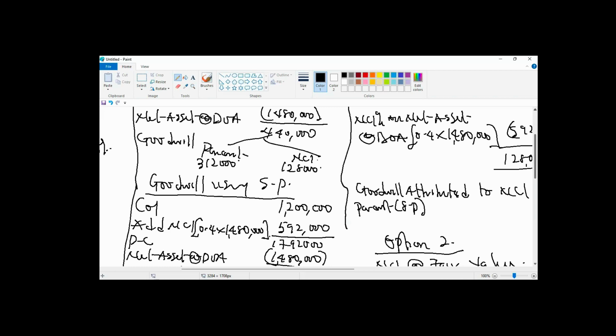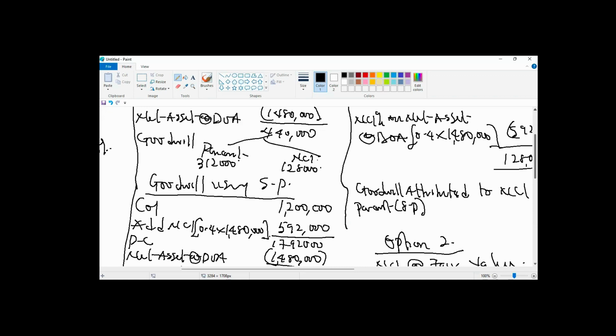The goodwill of the parent is share proportionate in fair value, it is not by percentage. I'll go and get the parent share proportionate.